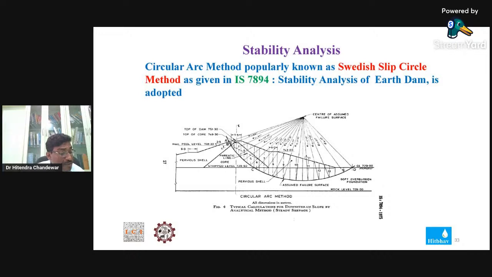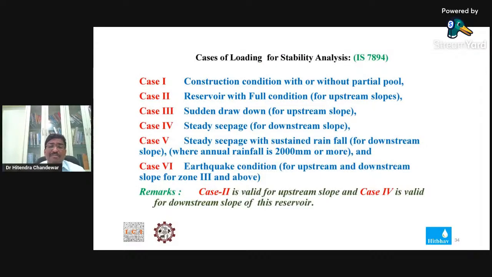There is a code also. We have used the Swedish slip circle method, which is based on IS 7894, for the stability of slope. They have given six cases actually. You have to check your reservoir bund for all six cases, but these may not be valid for every reservoir.